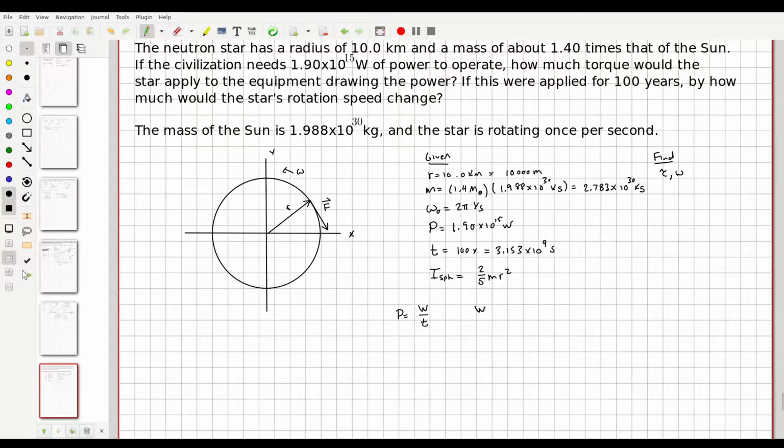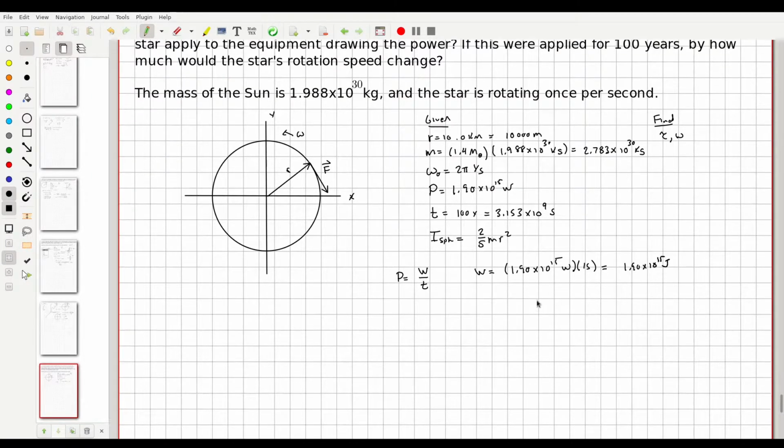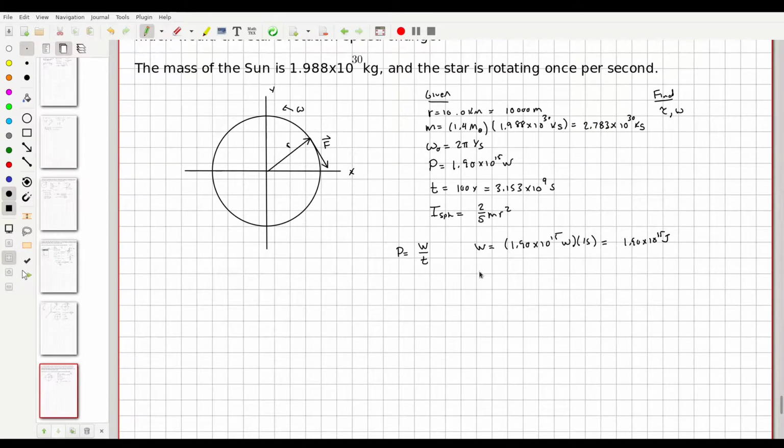So the work that we're looking at in 1 second would be 1.90 times 10 to the 15th joules. That's how much energy needs to be produced in 1 second. I'm going to call delta T sub W just 1 second to keep track of that.